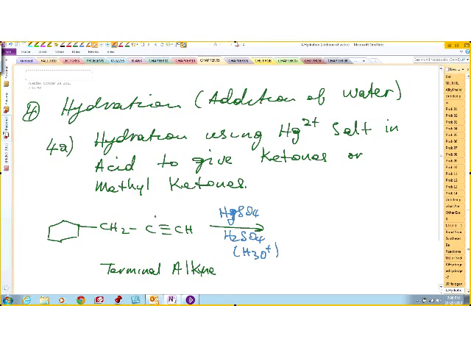In other words, this carbon here becomes the carbonyl of a ketone, and this carbon here becomes a methyl group. Keep in mind, at this point, our focus is on the carbon-carbon triple bond.